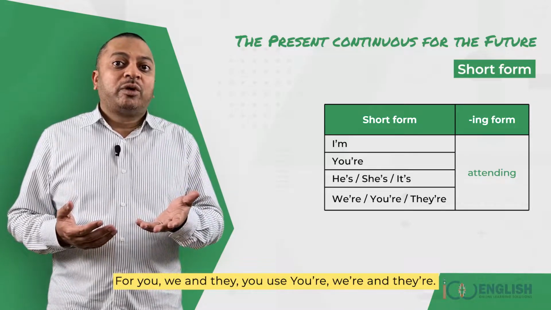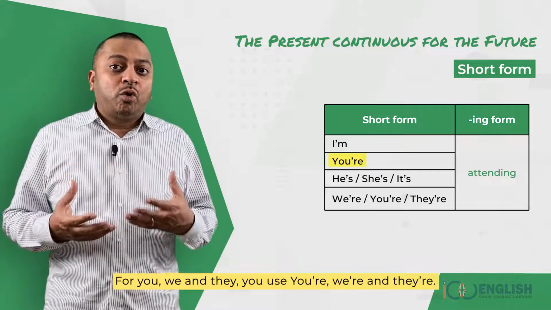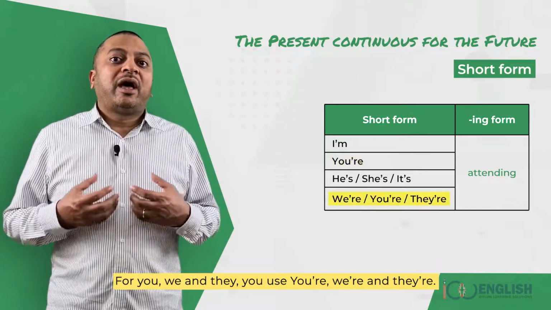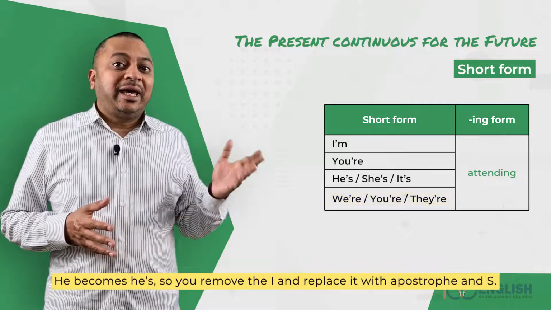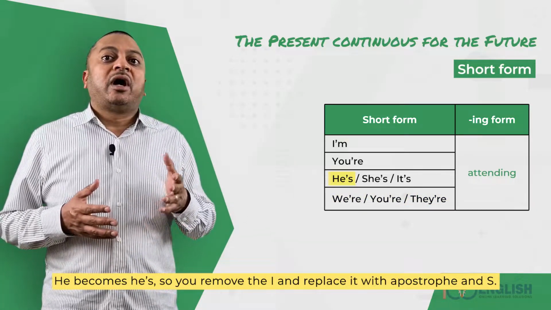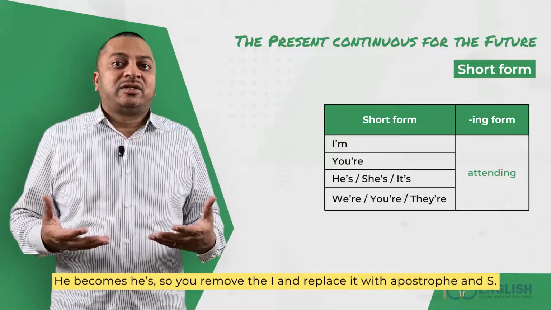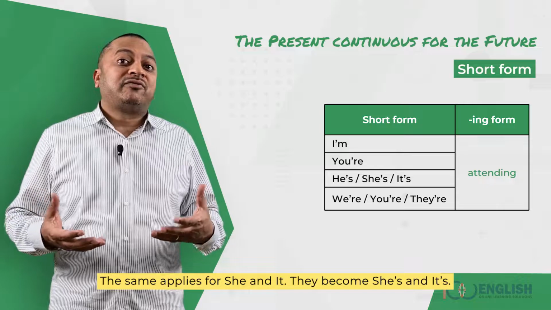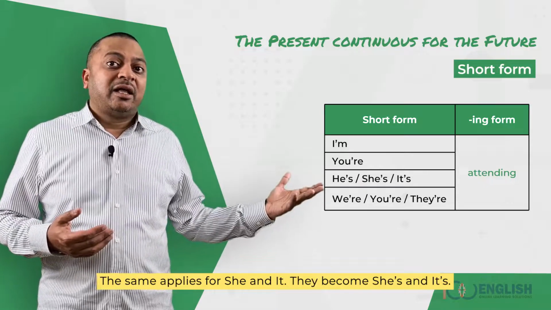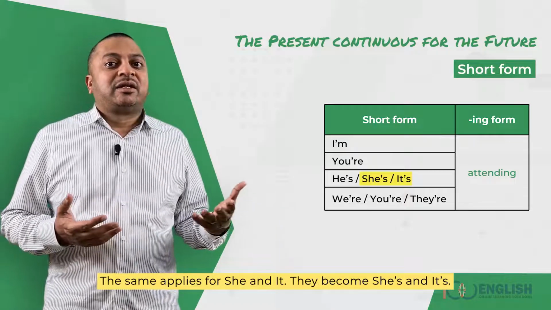For you, we and they, you use you're, we're and they're. He becomes he's, so you remove the i and replace it with an apostrophe and s. The same applies for she and it. They become she's and it's.